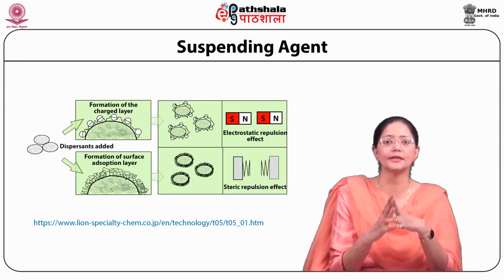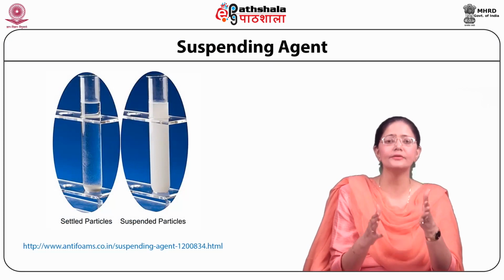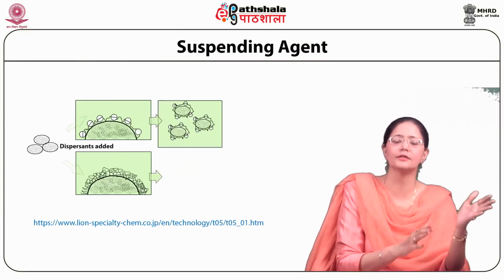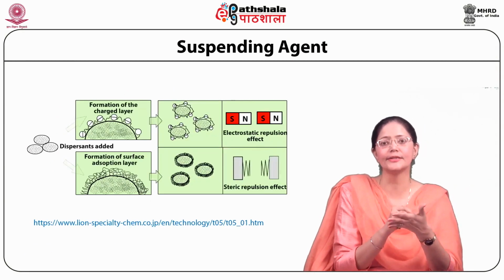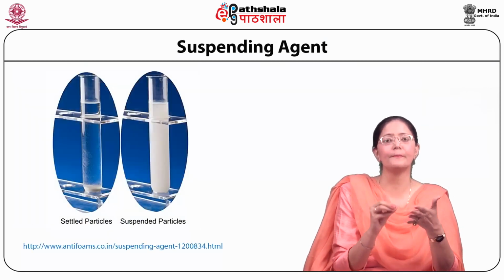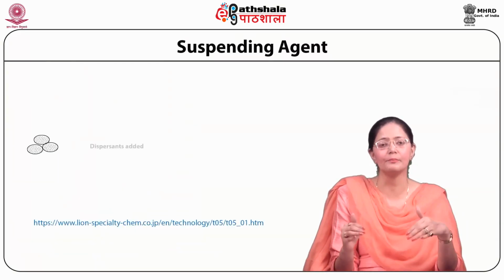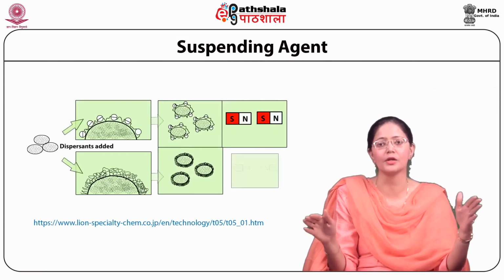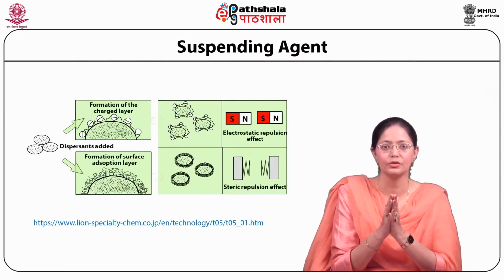A dispersing agent. An agent, either surface active or non-surface active polymer, which is added to a suspension or a colloid for the purpose of preventing the settling or clumping and to improve the separation of particles is known as a dispersing agent.